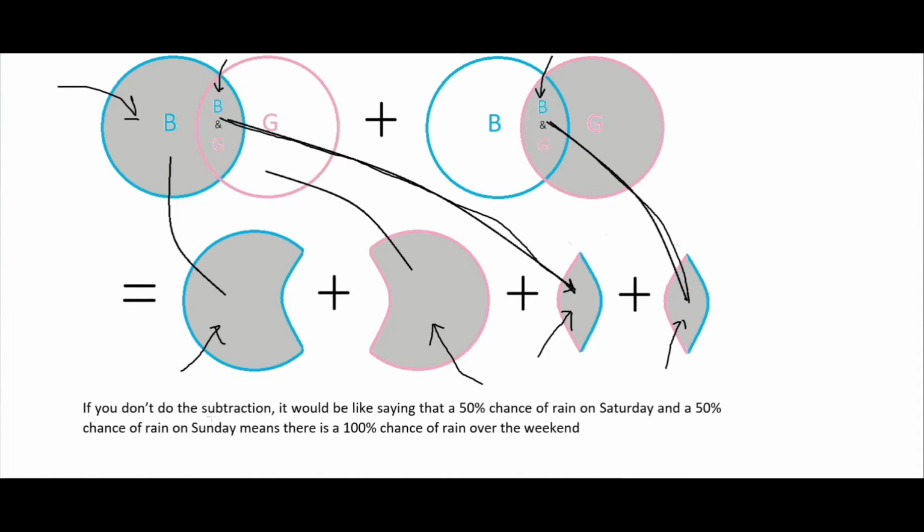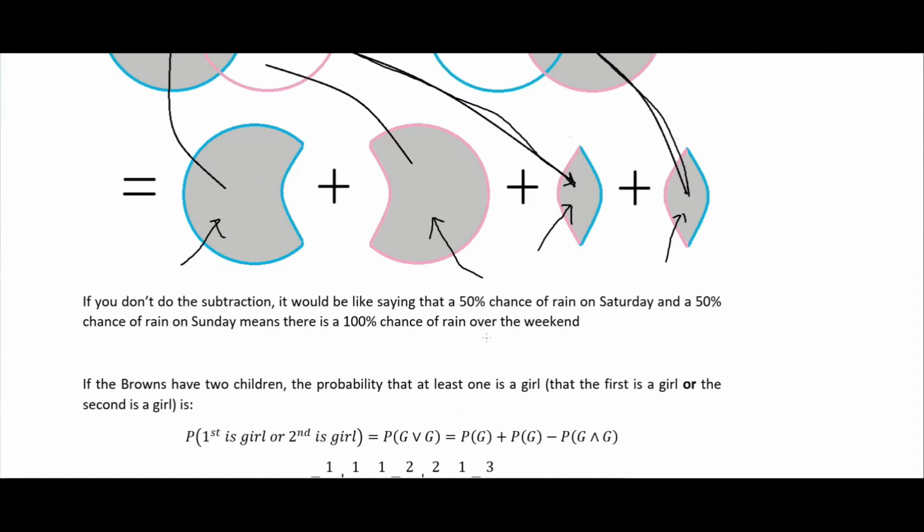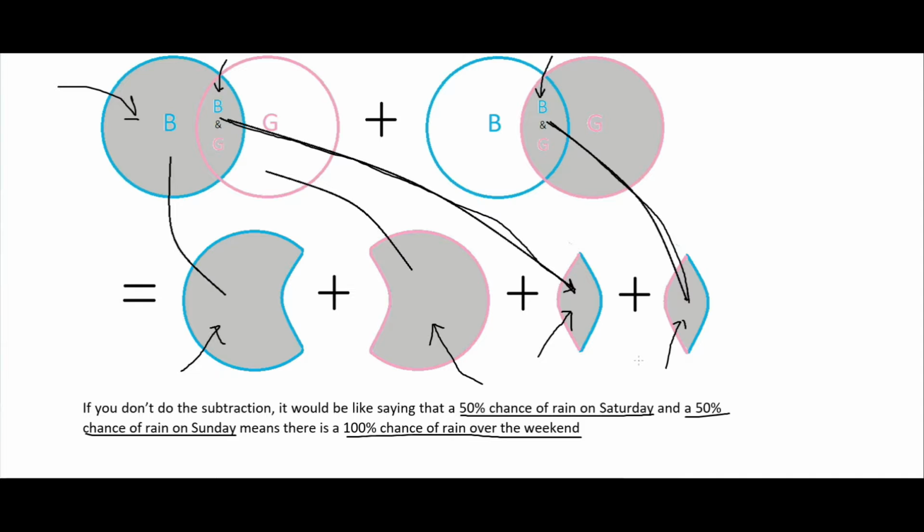If you don't do the subtraction, it would be like saying that a 50% chance of rain on Saturday and a 50% chance of rain on Sunday means there is a 100% chance of rain over the weekend. We can see how that would work. There is a chance that it's not going to rain on both days, because there's a 50% chance of no rain on Saturday and also a 50% chance of no rain on Sunday.